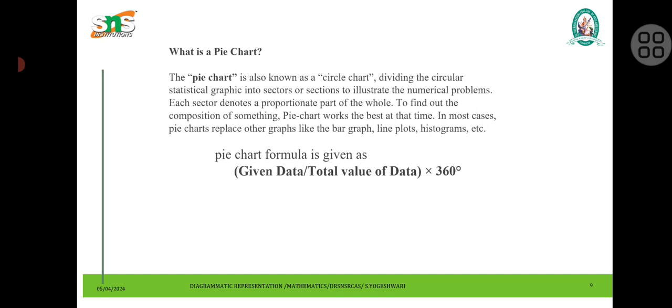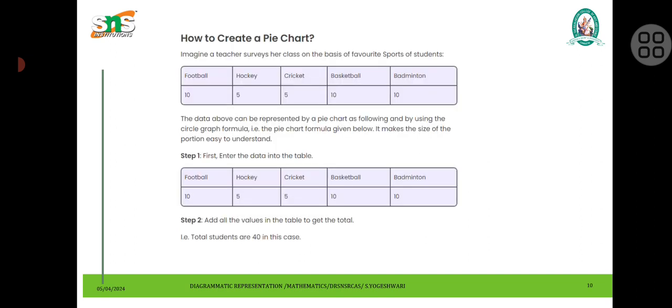To find out the composition of something, a pie chart works best. In most cases, pie charts replace other graphs like the bar graph, line plots, histograms, etc. The pie chart formula is the given data divided by the total value of the data, multiplied by 360 degrees.